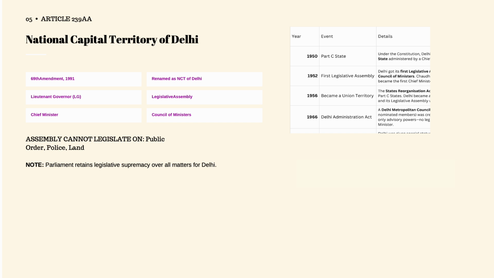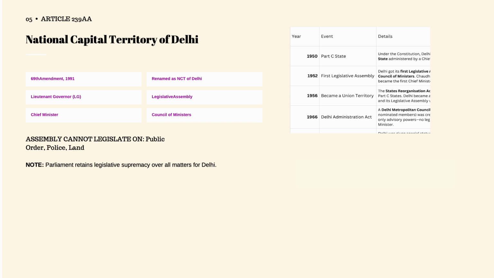But here, for every legislative act, the parliament is the last deciding factor. Unlike the states, the Indian Parliament can easily remove any legislative action taken by the Legislative Assembly of Delhi. So it is directly under the control of the central government, technically.